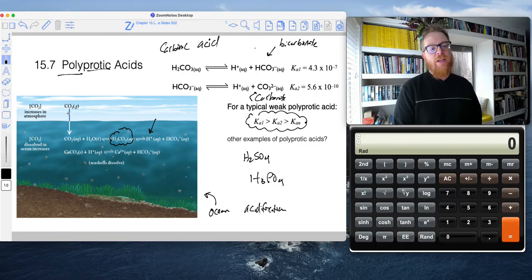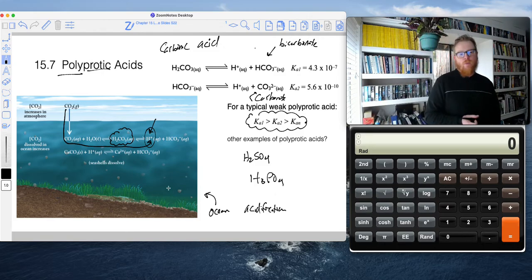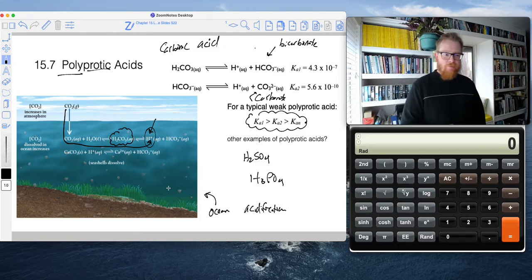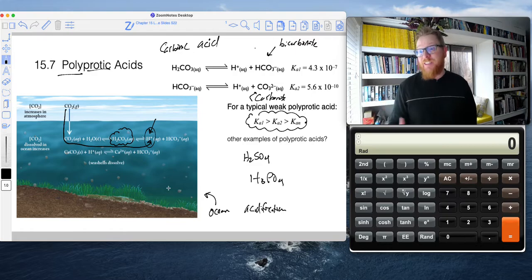As we increase more and more CO2 into the atmosphere, it's going to just push this equilibrium all the way to the right, generating more and more H+. So unfortunately, the more CO2 we create via combusting fossil fuels, the more we acidify the ocean. And that is proving to have some pretty detrimental effects on sea life, unfortunately.